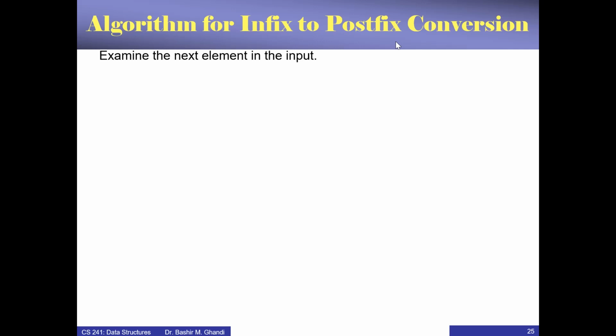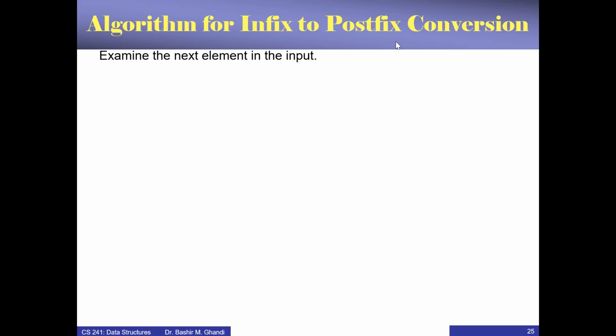A character that you read from infix could be a number, or what we call an operand, and it could be an operator, or it could be a left parenthesis or a right parenthesis. So those are the four types: number, operator, left parenthesis, and right parenthesis. Now our algorithm will have to handle each of these cases depending on what type it is.